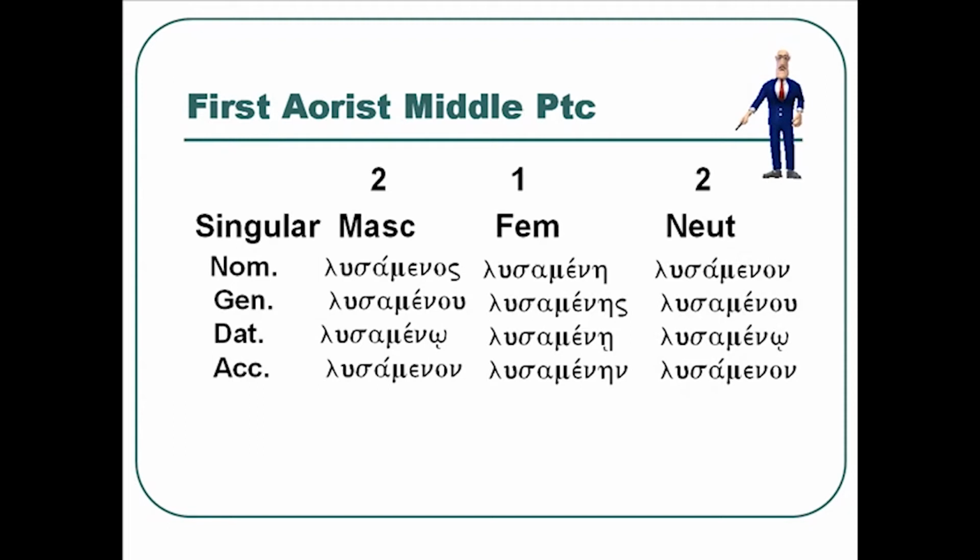Then jumping over to the neuter, second declension endings tagged on. Lusamenon, lusamenu, lusameno, lusamenon, nominative accusative exactly the same. Hieron type endings: on, u, o, on. And the genitive and dative exactly the same in the neuter as the masculine.